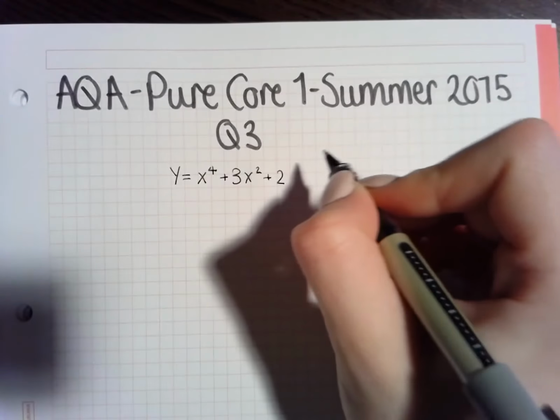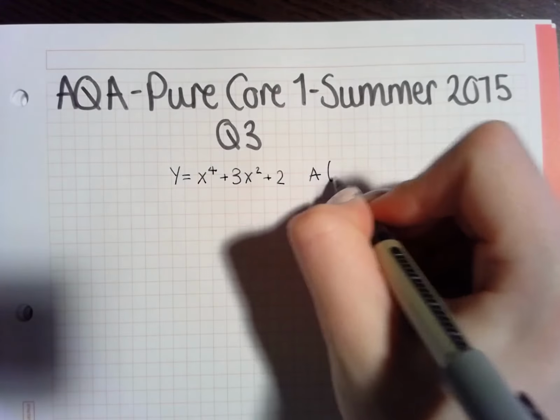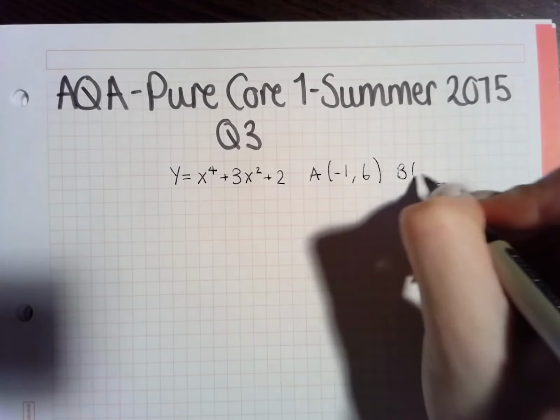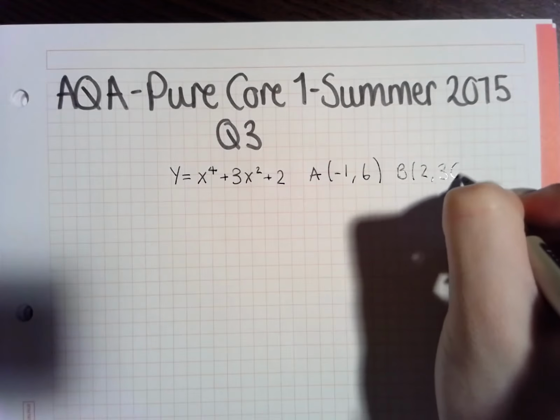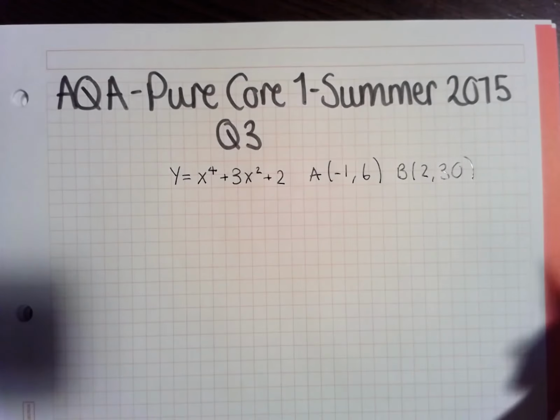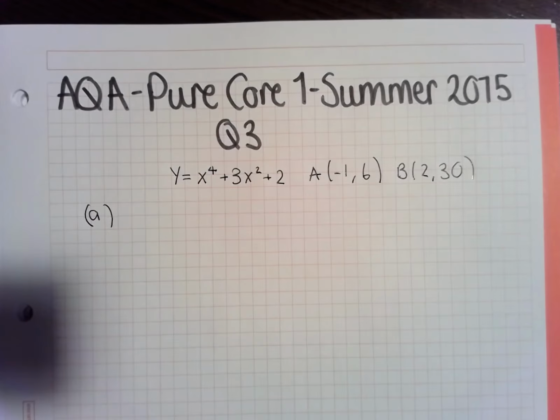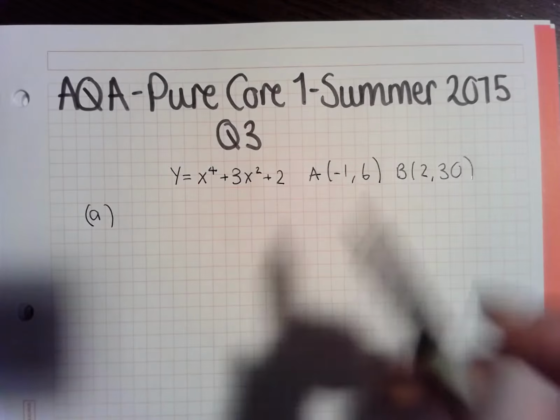And the points A, which is -1, 6, and B, which is 2, 30, lie on the curve. And part A asks you to find an equation of the tangent to the curve at point A.